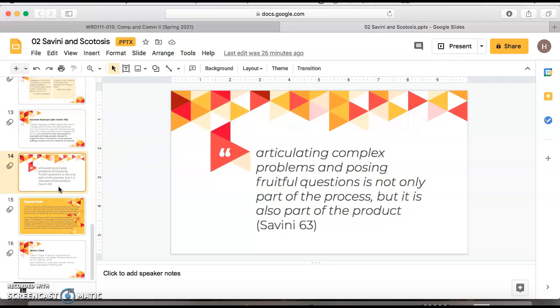They're not only part of the process, but they're also going to appear in your final product. So that's why it is paramount that you start asking those complex questions and look at problems that are complex, not simplistic in nature, for this project, and I mean in your lives, really.